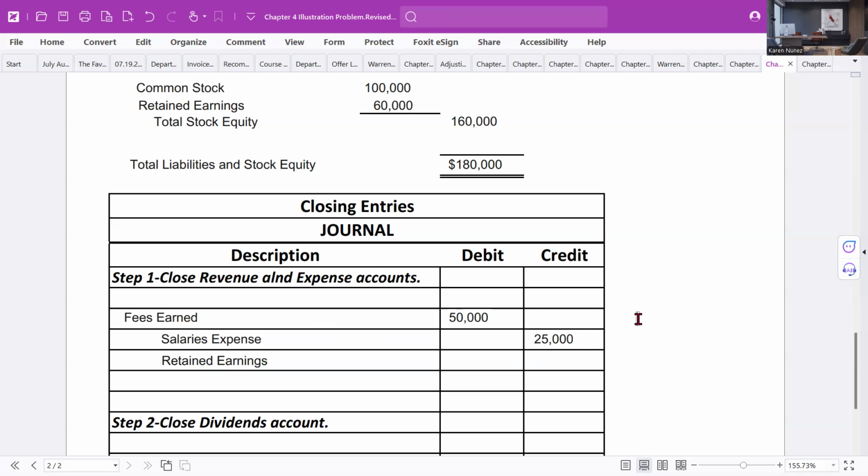So what we have here is $50,000 of revenue, and we want to subtract out the $25,000 of expenses. And what that will leave us with is $25,000 that needs to go here into retained earnings.